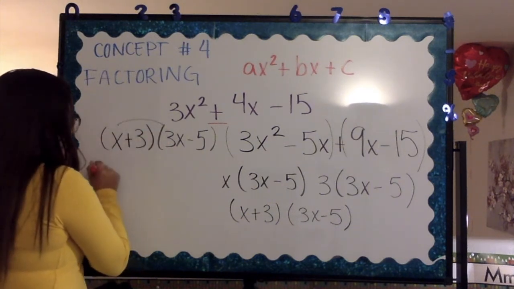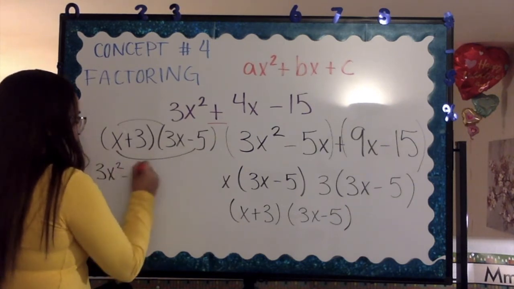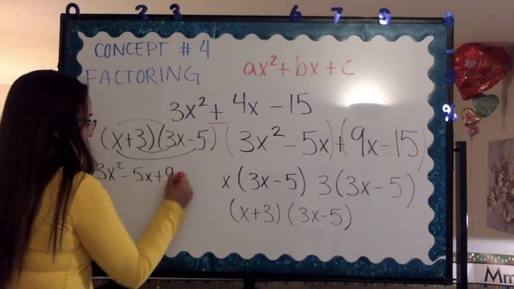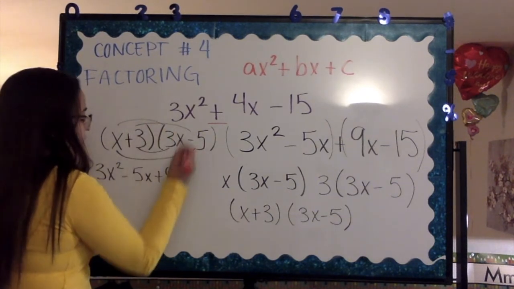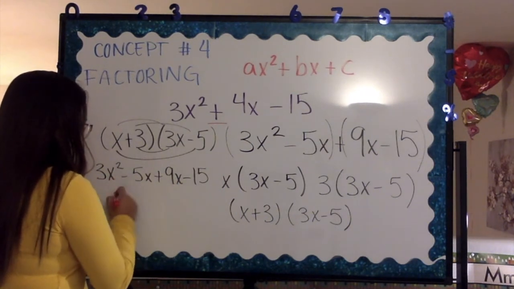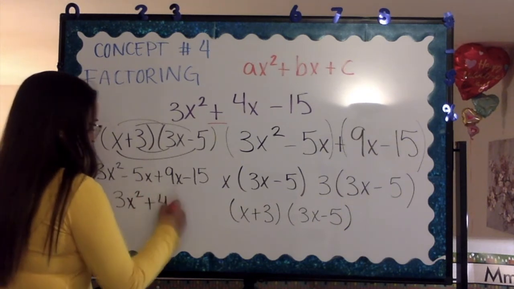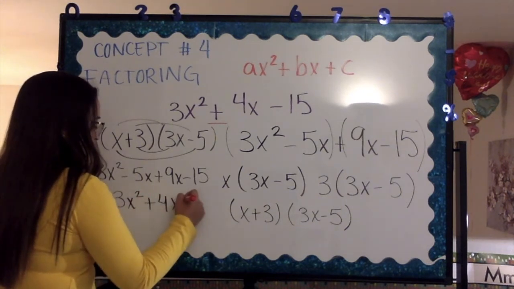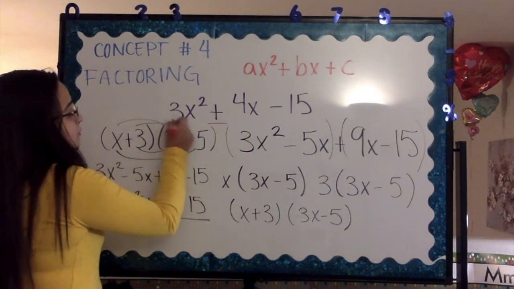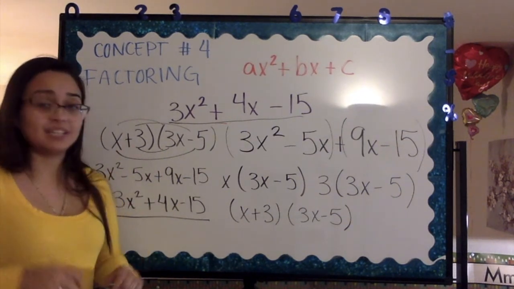That gives us 3x squared minus 5x plus 9x minus 15. Combining like terms, this gives me 3x squared plus 4x minus 15. Do my trinomials match? Yes, they do. Therefore, that is our answer.